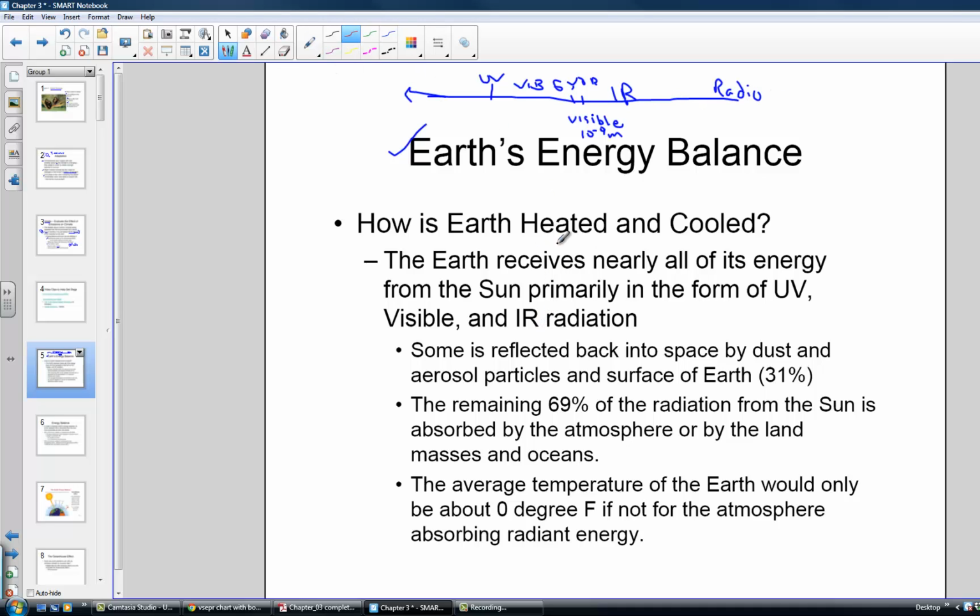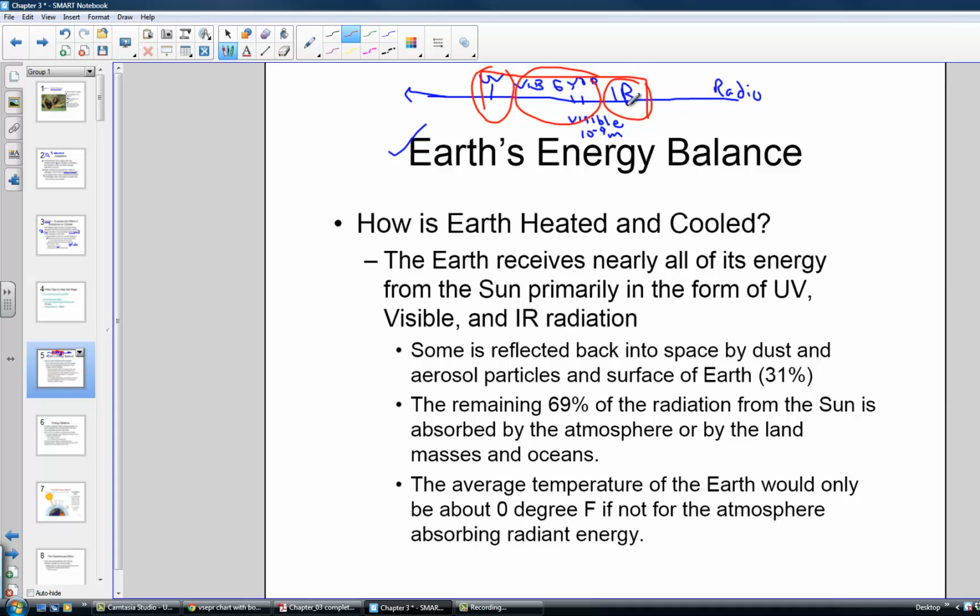Where we're referring to for the Sun, primarily giving us energy, is in this particular spectrum, the ultraviolet, the visible, and the infrared area on the electromagnetic spectrum. The UV, remember talking about UVA, UVB, and UVC last chapter, UVC being the most penetrating but never reaches the Earth's surface due to being absorbed by ozone molecules.